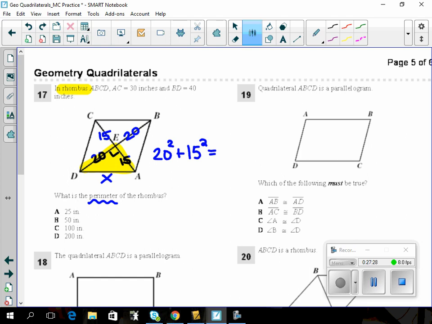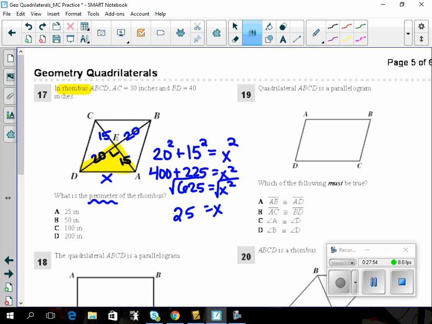x squared, because that's the hypotenuse, right? Okay. So you guys have calculators. Oh, well, if you could grab one if you don't have it. Well, we'll just do it together. 400 plus 225. And so that's 625. And then if we take the square root of that, 25, right?